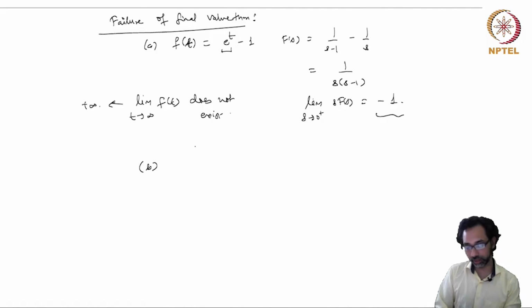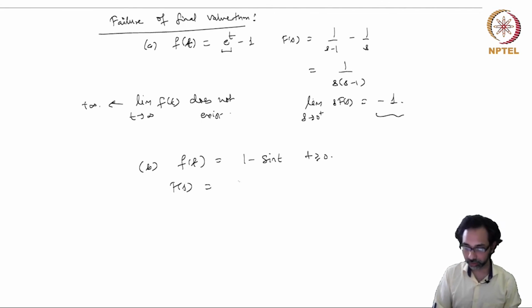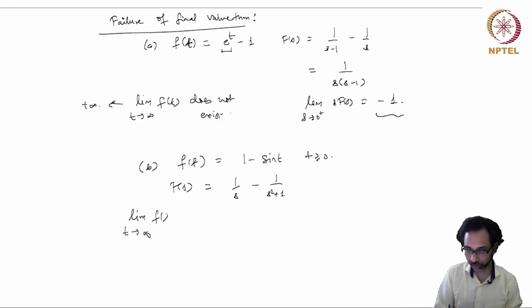Similarly, you can take, for example, f(t) equals 1 minus sin t for t greater than or equal to 0. So we can easily compute the Laplace transform as 1 over s minus 1 over s squared plus 1. So if you compute the limit as t goes to infinity of f(t), of course this does not exist, and it's not even something that goes to plus infinity or minus infinity.